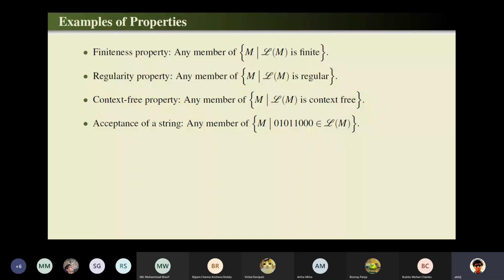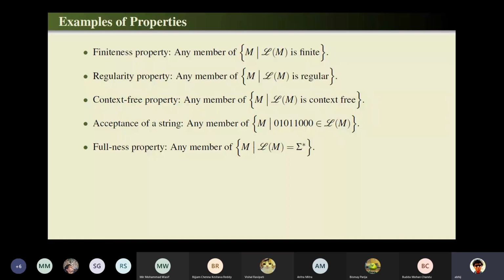And one important thing is that this M can be arbitrarily chosen. So this is how it essentially represents this entire set. So we should not make any assumption on M, except that its language satisfies the property. Nothing like that it is the Turing machine with the minimum number of states, or that it is a total Turing machine, things like that.